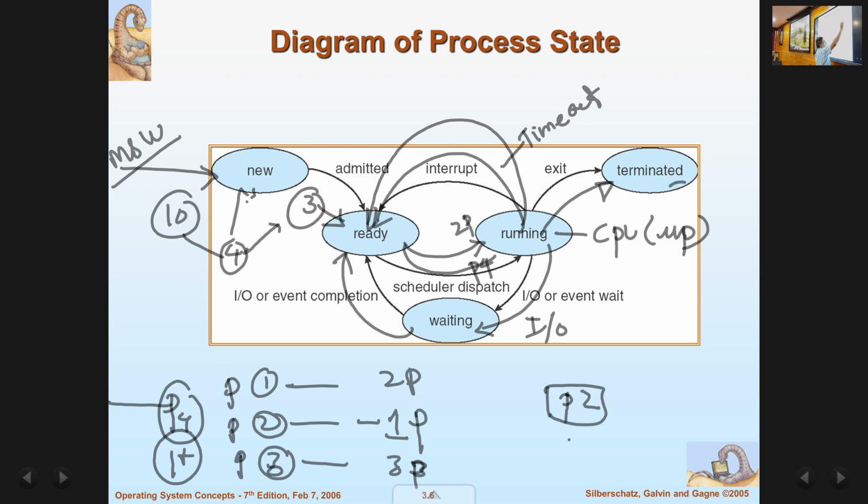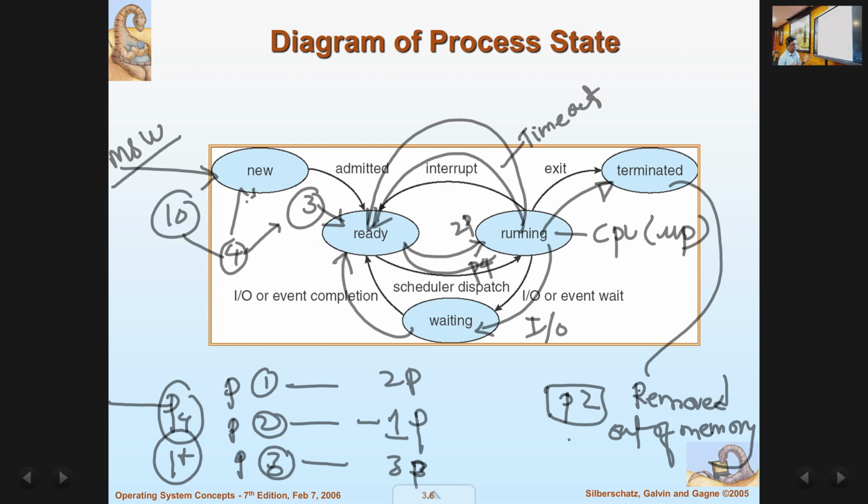And what do we mean by termination? It will be removed out of memory. So that is all about the life cycle of a process.